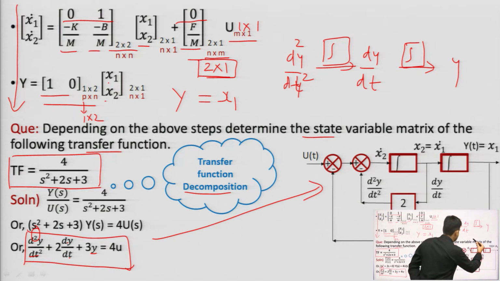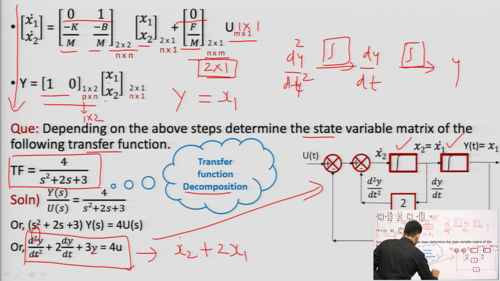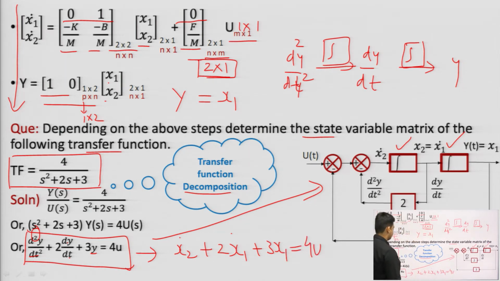So, here the order is 2, so I have to use 2 integrators. Basically, if I write it in terms of the state variable, this is x 2 dot plus 2 x 1 dot plus 3 y, that is 3 times x 1, equal to 4 u, if I assume y equal to x 1 as a state variable.